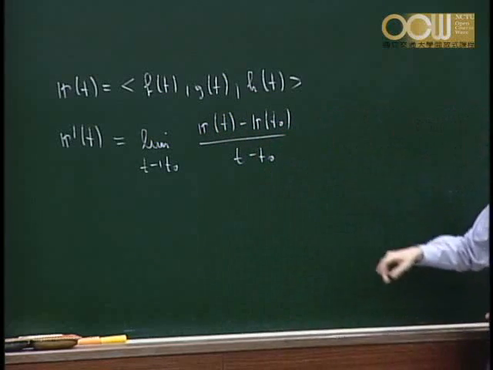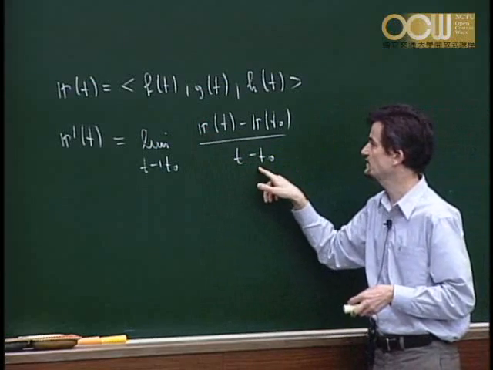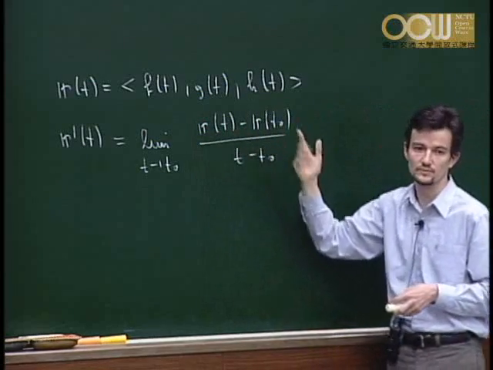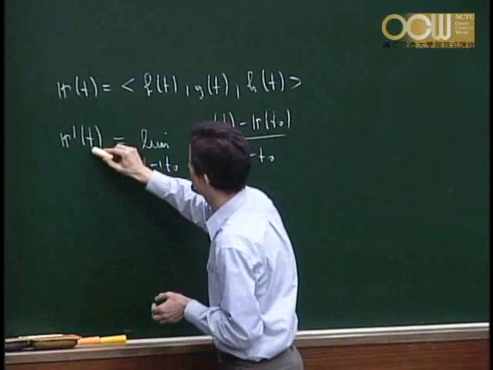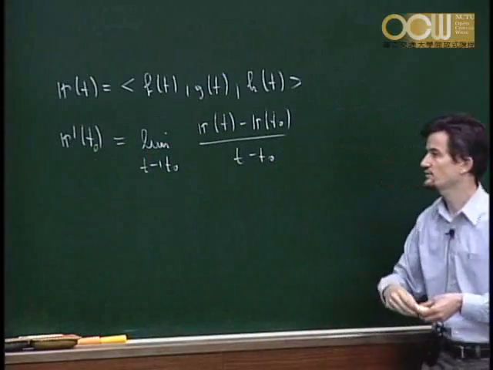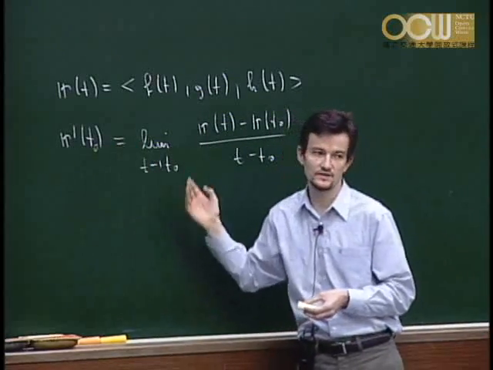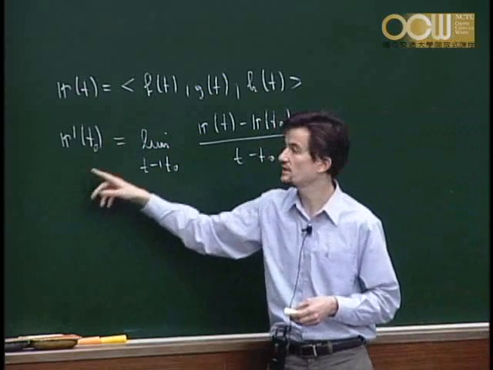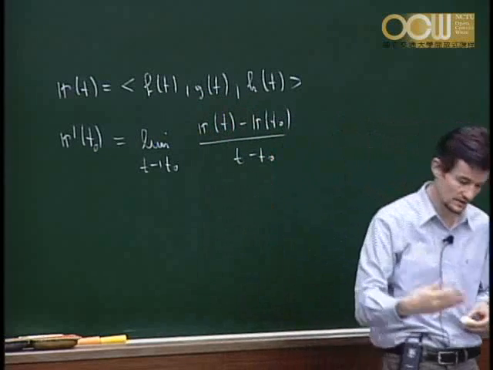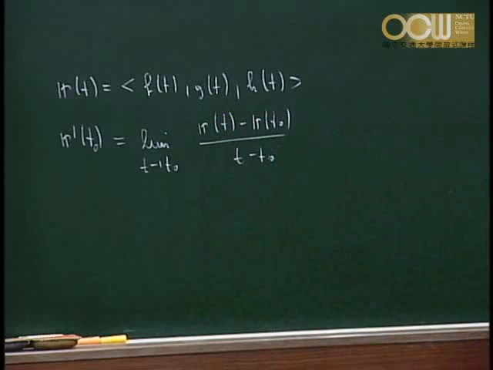Okay, so actually you have here the scalar product, 1 over t minus t0, with this vector here, because everything is a vector. But if I define the derivative of a vector function at the point t0 like this here, we saw last time that this means that the vector function is differentiable if and only if all the component functions are differentiable in the usual sense we have discussed last semester.